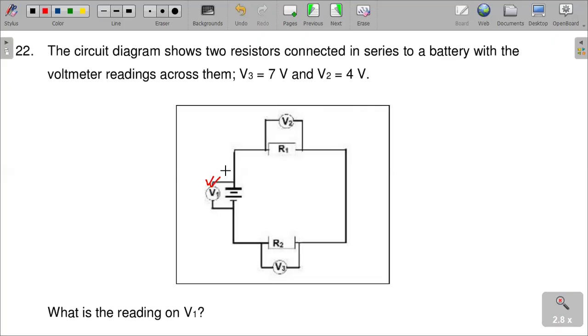We are saying V3 is 7 volts, V2 is equal to 4 volts.